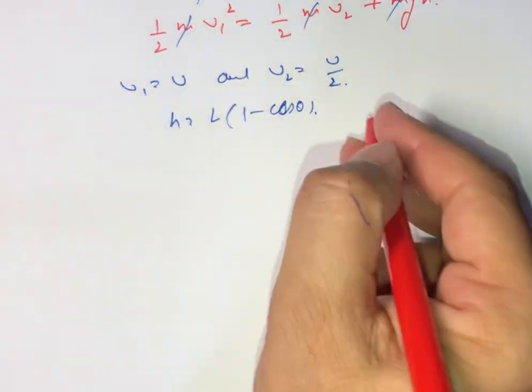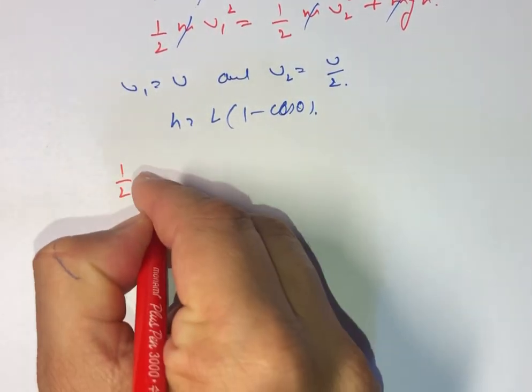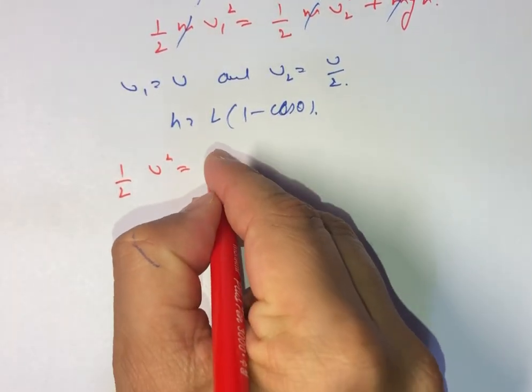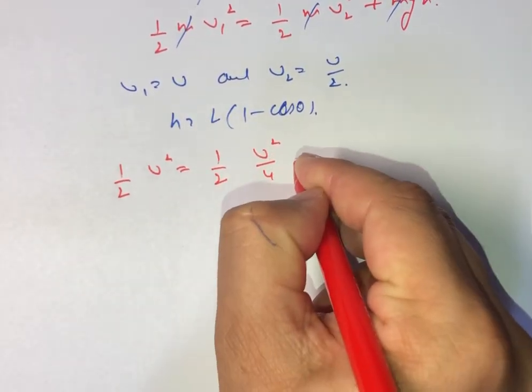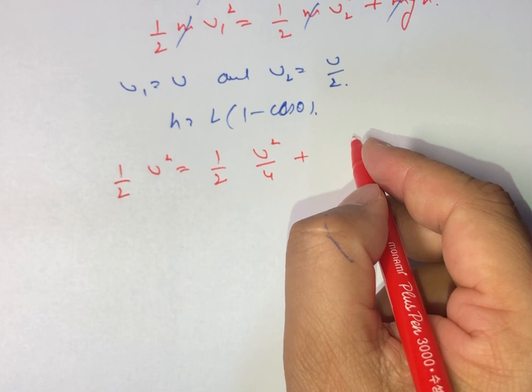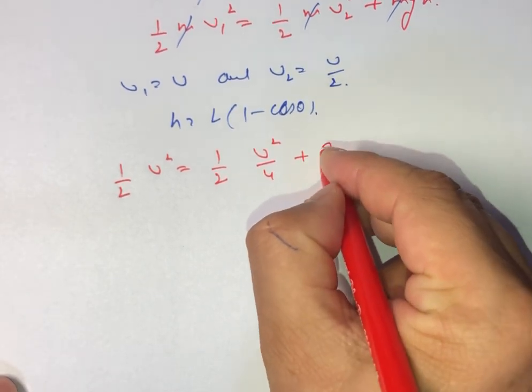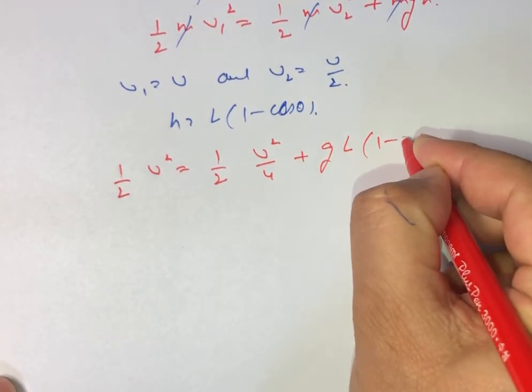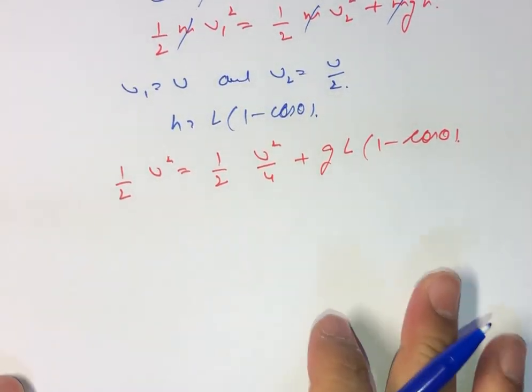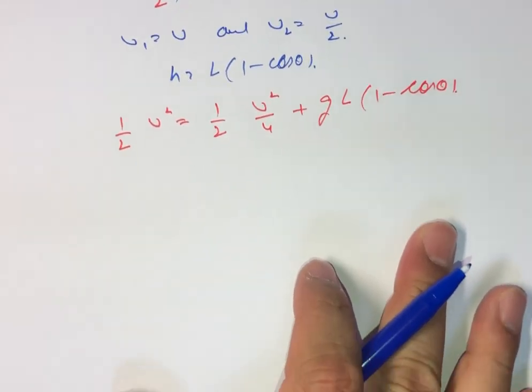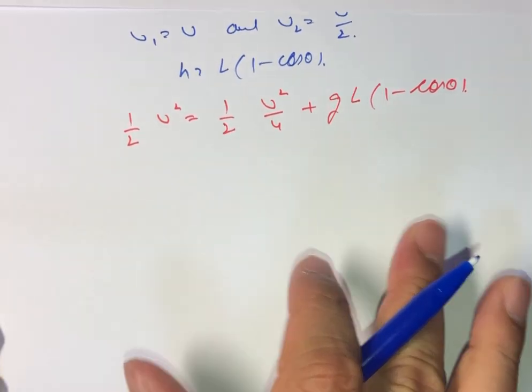We substitute the values, and we get half v square is equal to half times v square by 4 plus gL times (1 minus cos theta). So we can solve this.